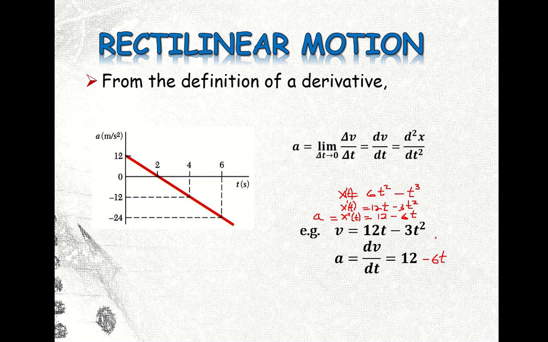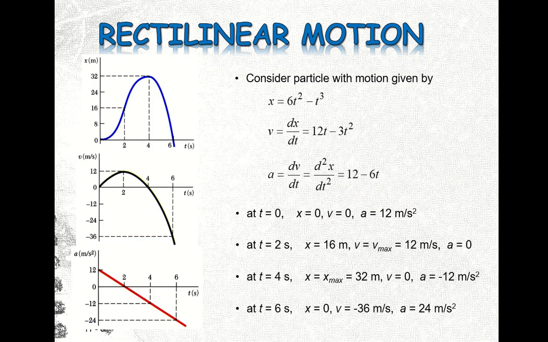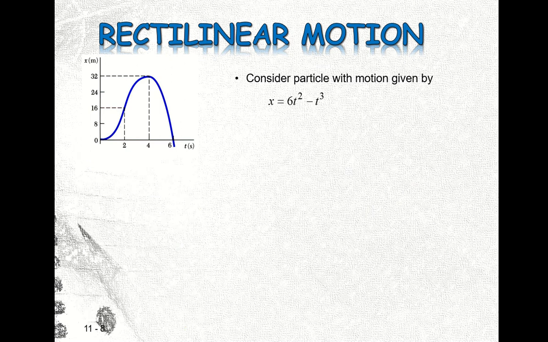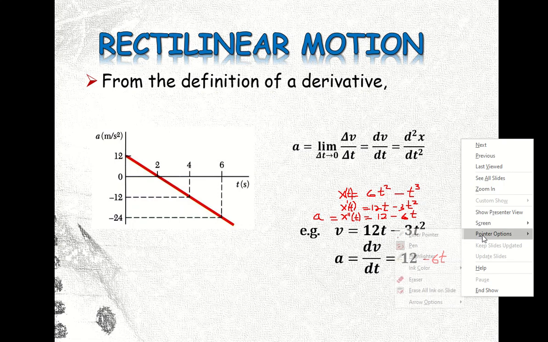Okay, now if you are going to graph this, when t equals 0, okay, just hold on. Okay, so that's correct. Now we have a missing 6t here, so I'll change this color to make it consistent.